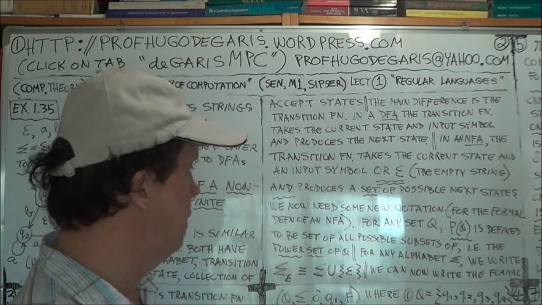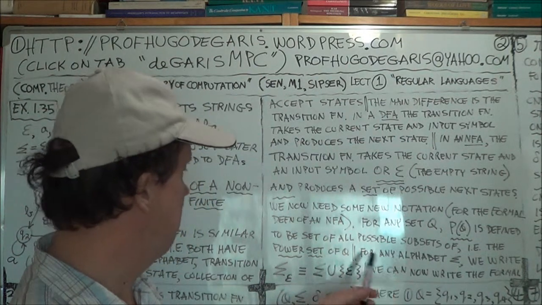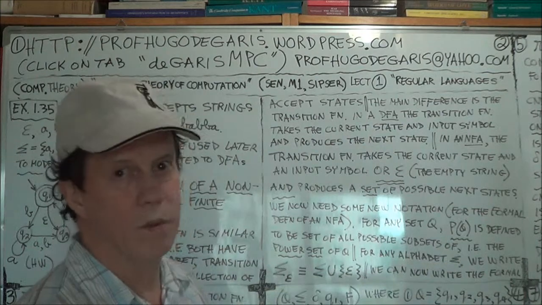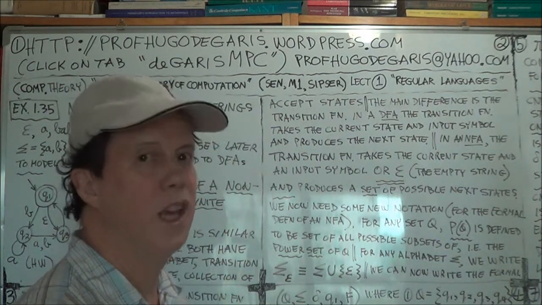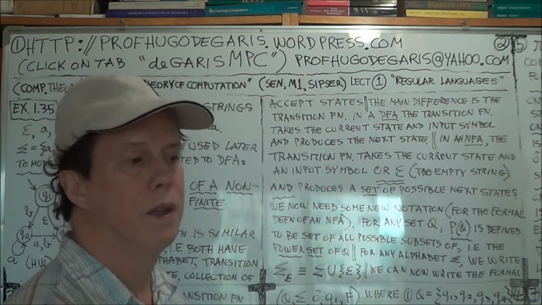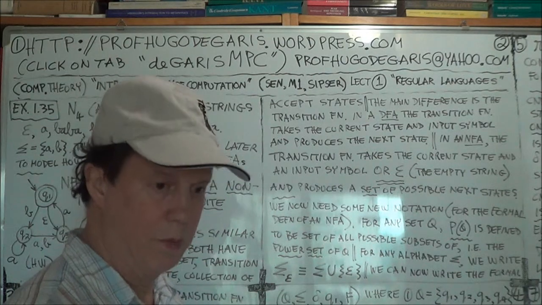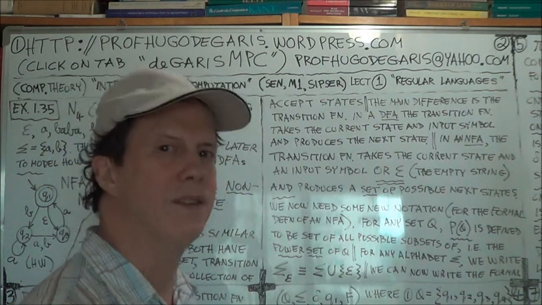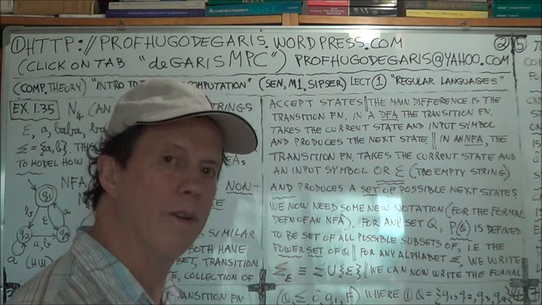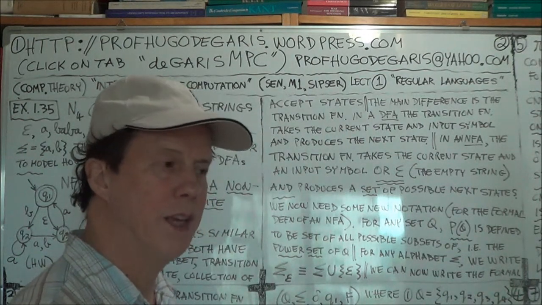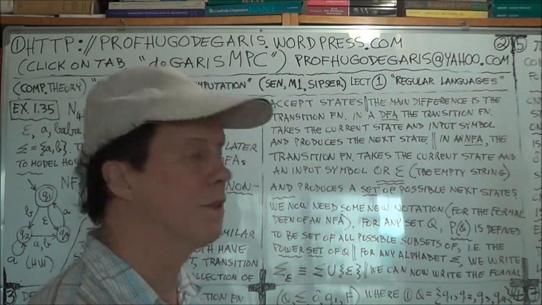Okay, so can you remember? If Q, the set, has big N elements, then the power set of Q will have 2 to the power N elements. Right? It's much bigger. So if N is large, 2 to the N is huge. Okay?